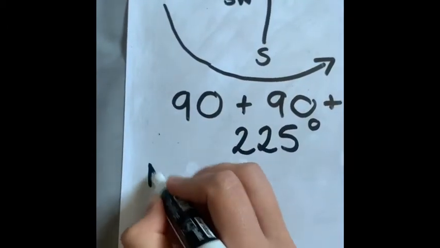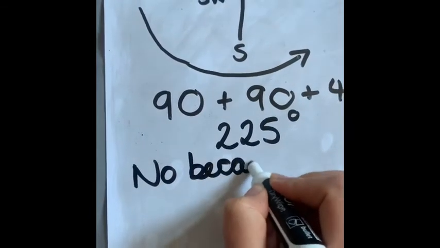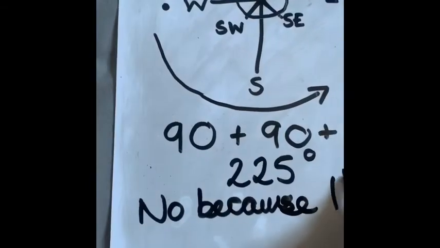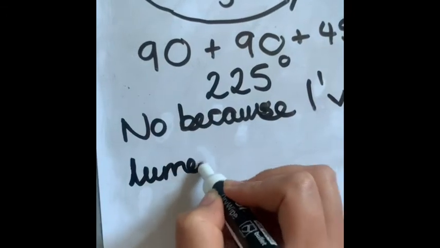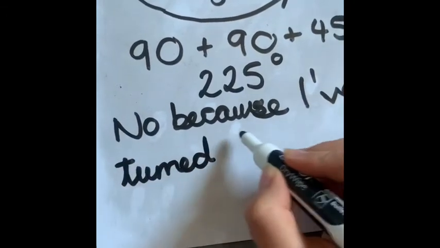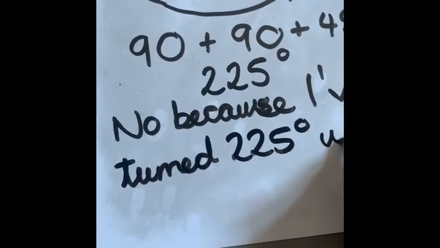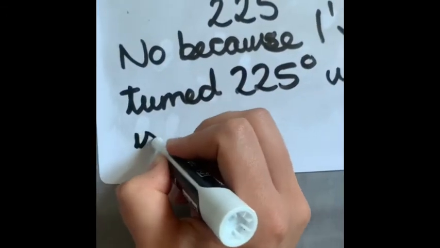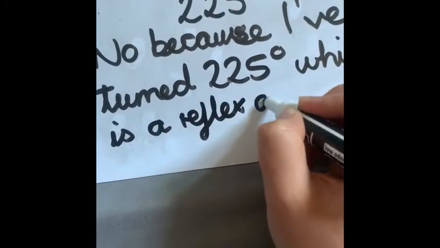So I can write, no, he isn't correct, because I've turned 225 degrees, which is a reflex angle.